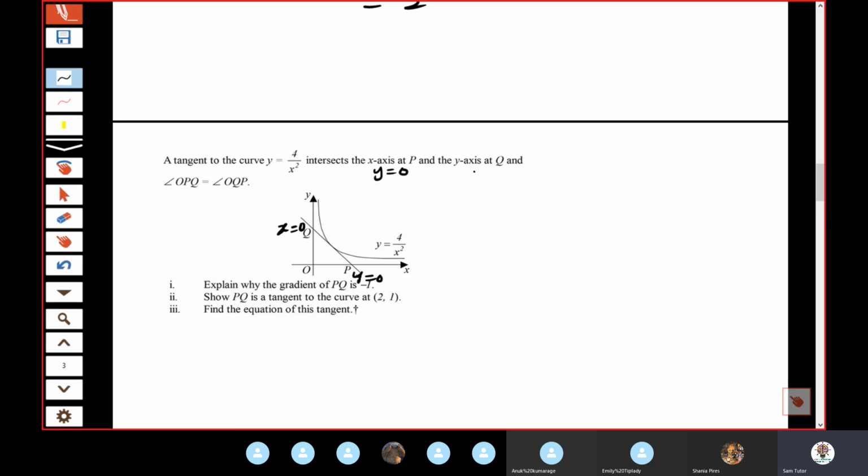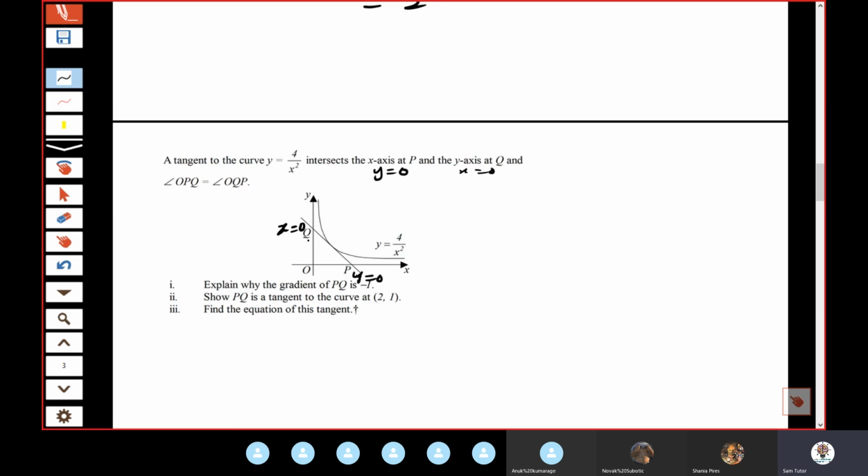And it says angle OPQ is equal to angle OQP. So what is that trying to say? It's the same angles. Yep, and if these two are the same, do you know exactly what their angles must be? 45.